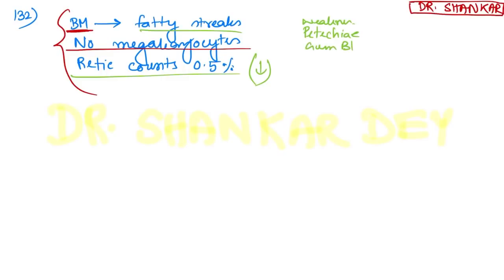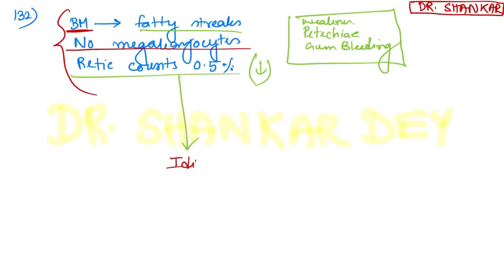With these findings, what is the diagnosis? This is idiopathic aplastic anemia. It is very straightforward, idiopathic aplastic, not myelodysplastic syndrome.